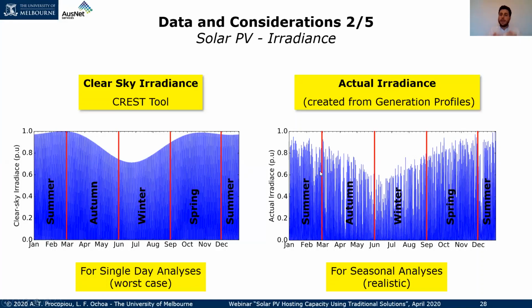This is because in these actual profiles, the weather conditions are already embedded. So this means that we have cloud effects that are reducing the magnitude of the irradiance, and the clouds are also creating that intermittent behavior between each spike throughout the day.